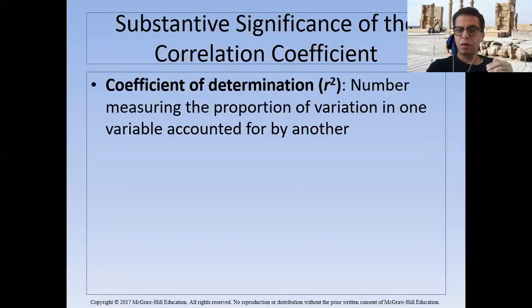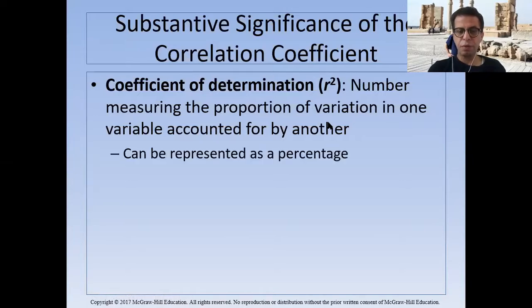So the coefficient of determination, which is our R squared measurement of the proportion of variability in one variable explained by another, can be represented in percentage. As we said, -1 to +1 could be 100%.